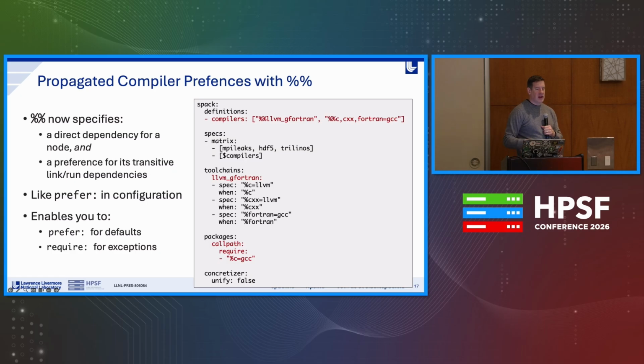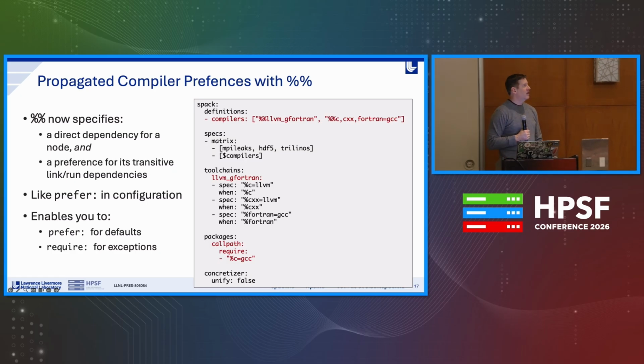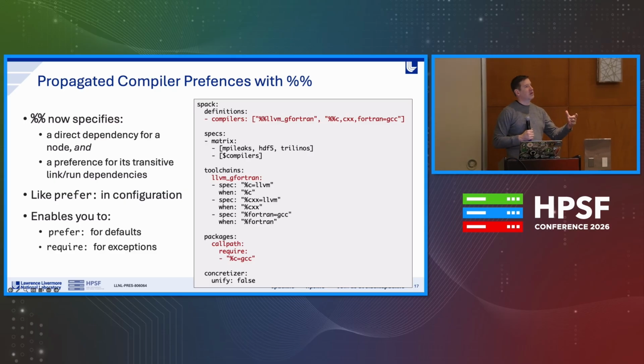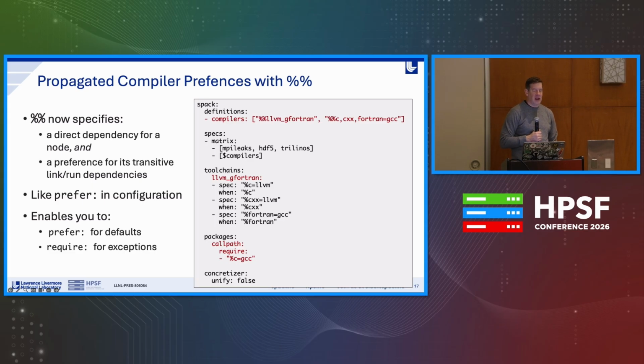If you need more control than that, there are propagated compiler preferences. So you can actually specify that a particular subdag in your graph, so basically everything under a particular package, should use a particular compiler using %%. And that basically just says propagate the compiler to this whole subgraph. And you can do a lot of fairly complicated things with that. Another advantage of this is that you can specify exceptions.